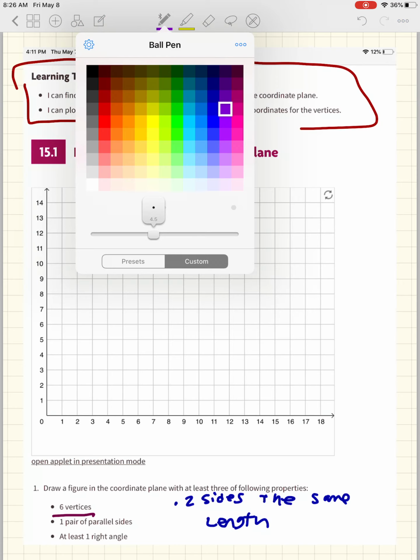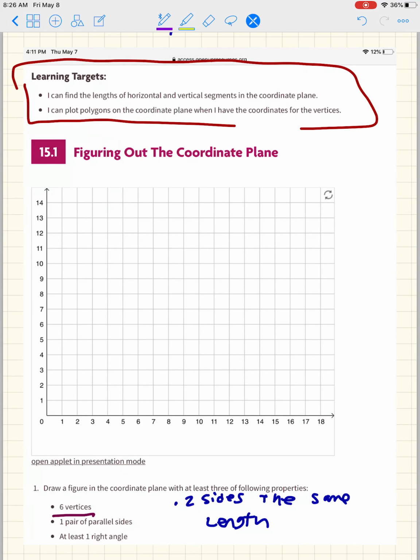Okay, right angle. So remember, a right angle is a 90-degree angle, and it's basically any corner is a 90-degree angle. So any angle along one of these lines in your coordinate graph would get you a right angle. It doesn't matter the direction. Yeah, but any way it faces along an edge of the coordinate plane.